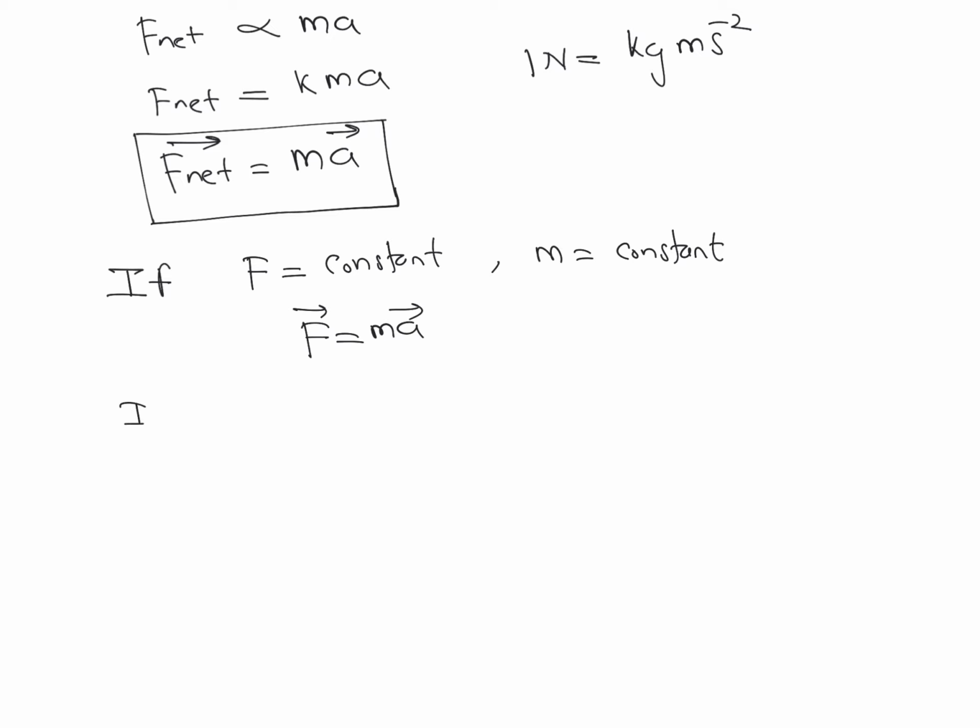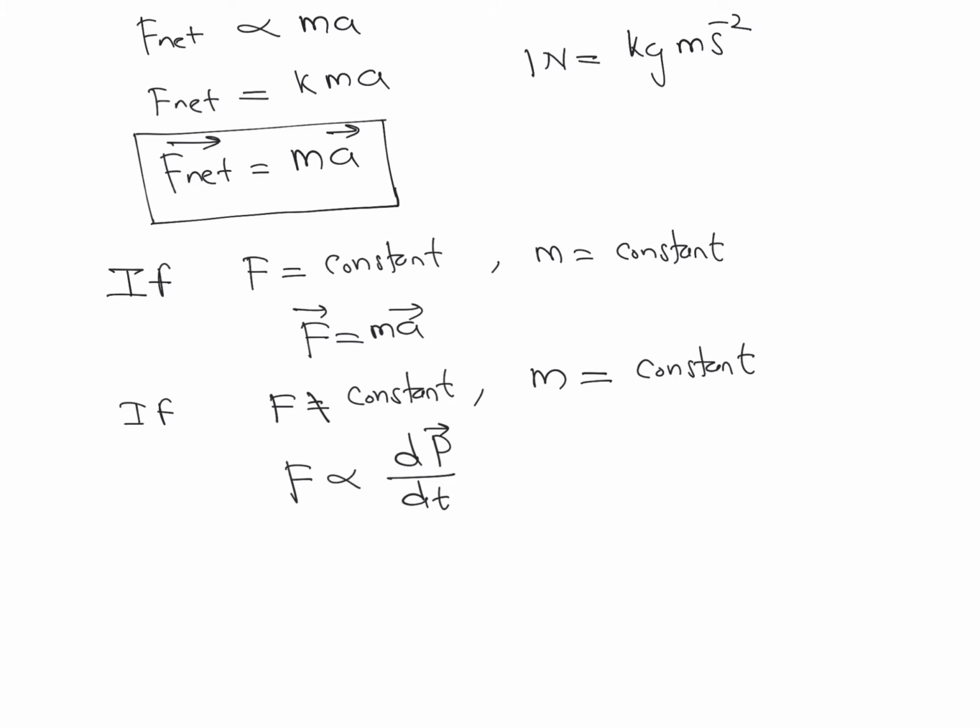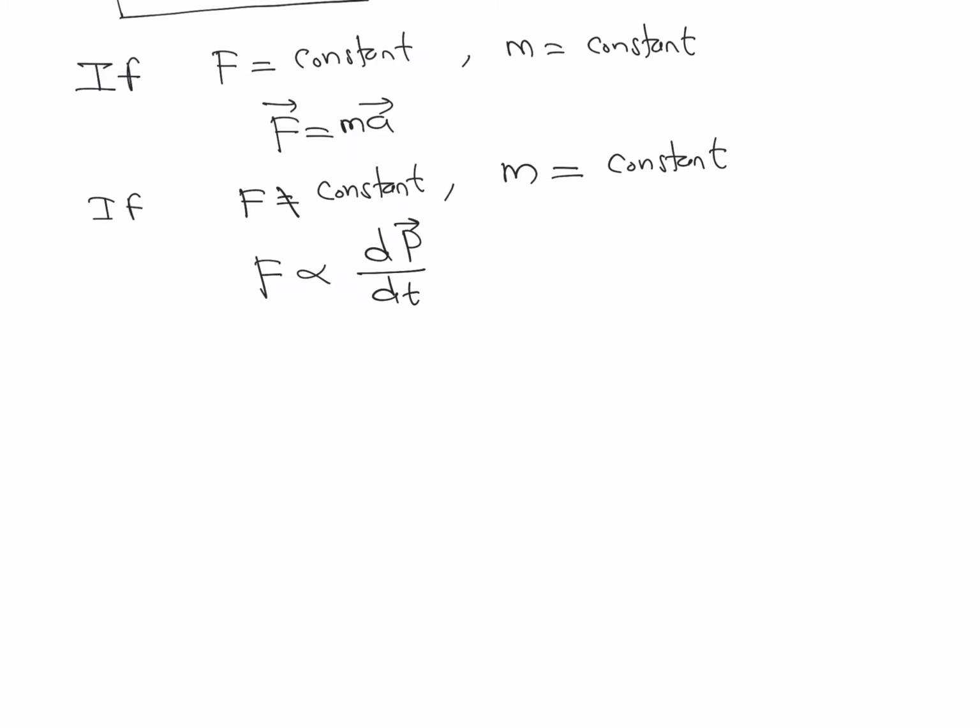Now consider a situation in which the force is not a constant, and forces keep on varying. Then we write the force in terms of instantaneous acceleration. Take the force as not a constant and the mass as a constant. We use the differential form: F is directly proportional to the rate of change of momentum, that is the instantaneous change in momentum, dp divided by dt, the differentiation of momentum with respect to time.